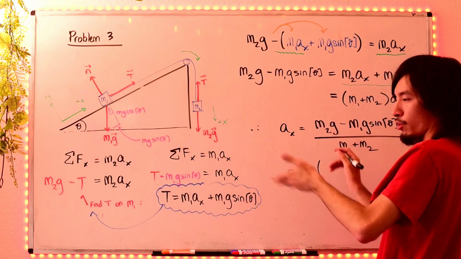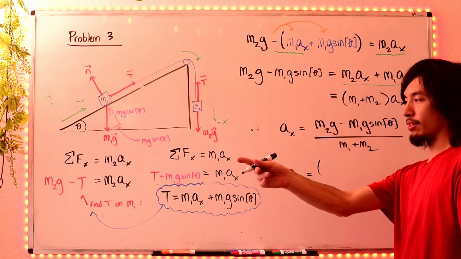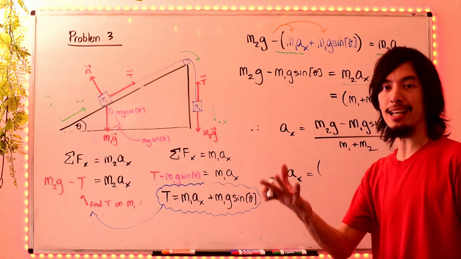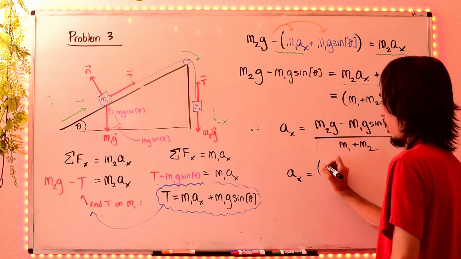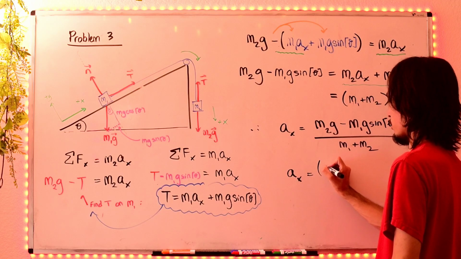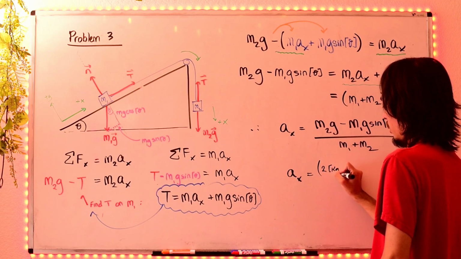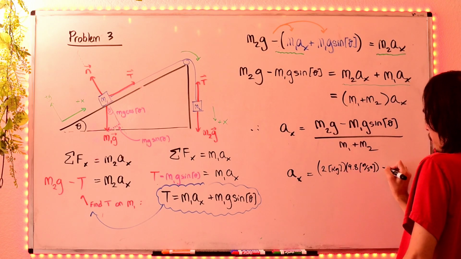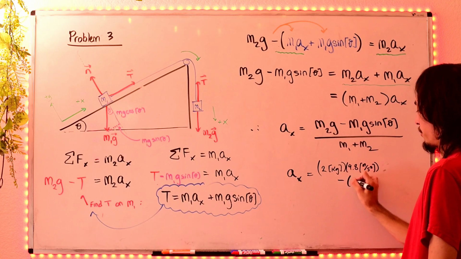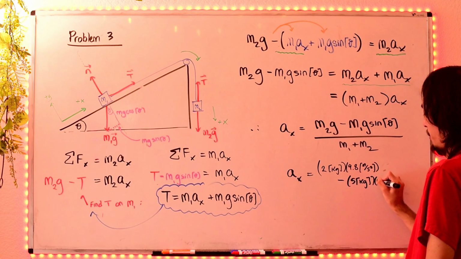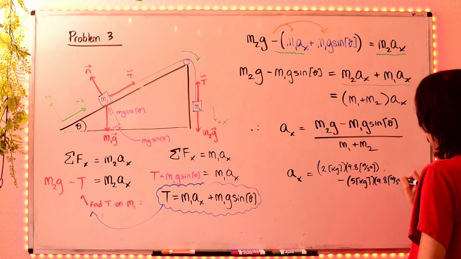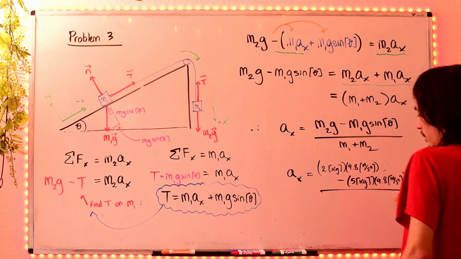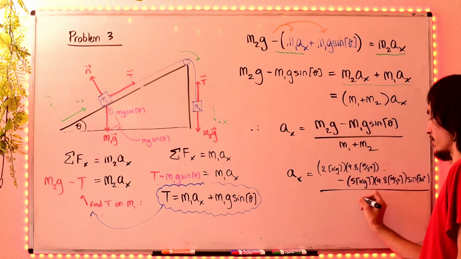Now, all the values we're going to plug into this problem, we're just going to plug in the two masses. M1 is the one on the incline, which is 5, and M2 is the hanging mass, which was 2. So we're going to just drop in those values, and I already have it calculated out. So 2 times 9.8 minus the second term, which is 5 times 9.8 times sine 30, which is a half, divided by both masses added together in the bottom, which is just 7.